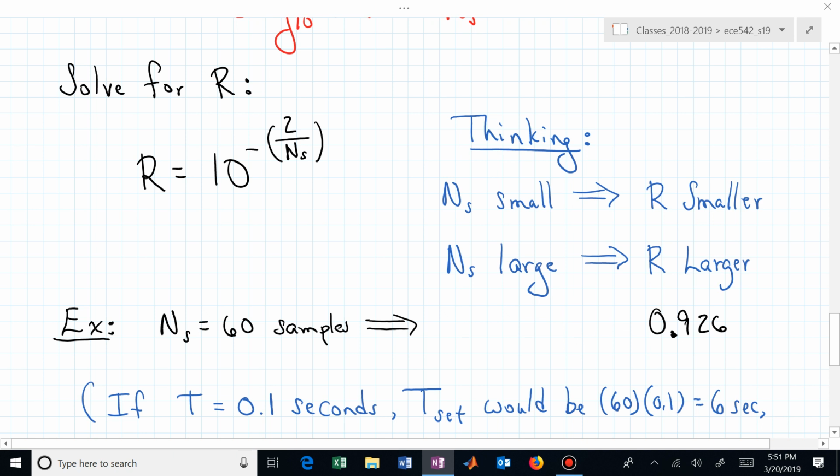So now r is 0.926. Is that okay? Because it's 10 to the negative 2 over 60. So this is now 10 to the minus 2 over 60. And I'm going backwards, but this is 1 over 10 to the 1 over 30. Is that better?